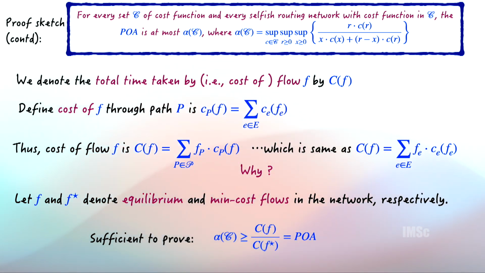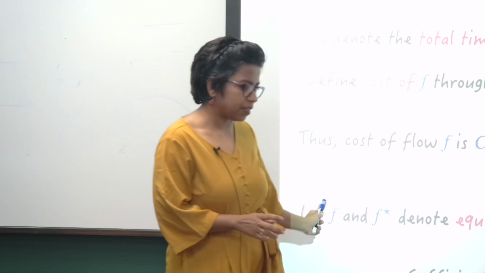Sanjay, there can be multiple equilibrium flows, but the price of anarchy tries to capture the worst possible behavior. So we are saying take any equilibrium flow, and I'm going to compare that to the best, socially optimum outcome. So in selfish routing only an equilibrium flow is possible, so an arbitrary equilibrium. Yes, that's what it is.